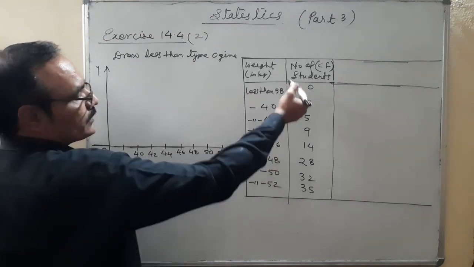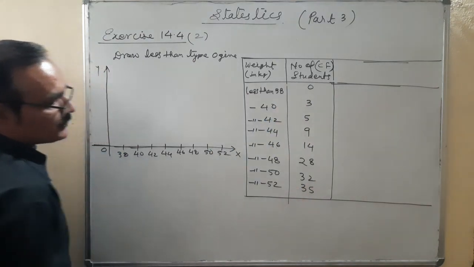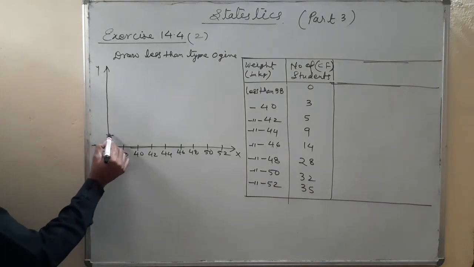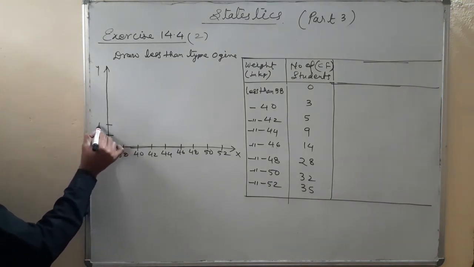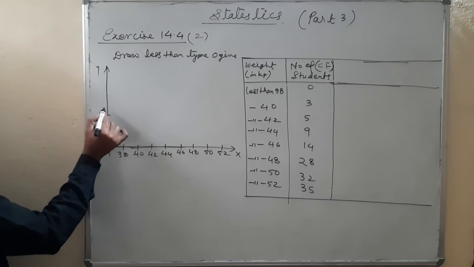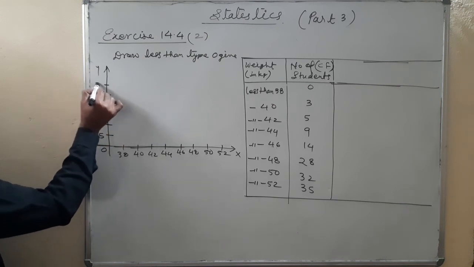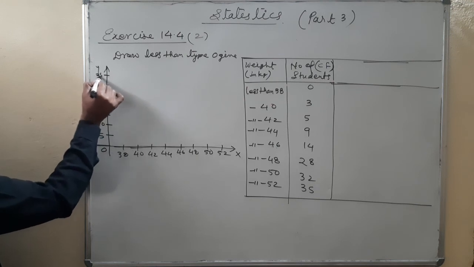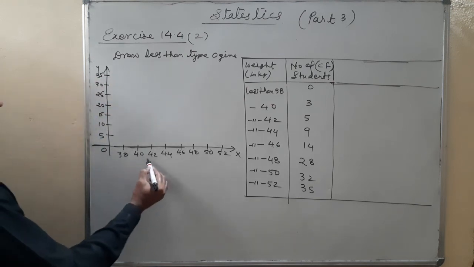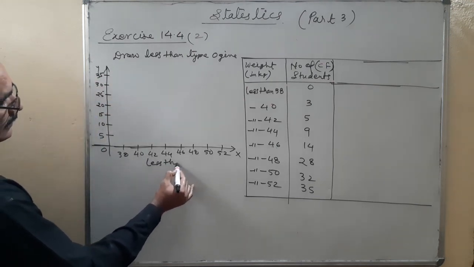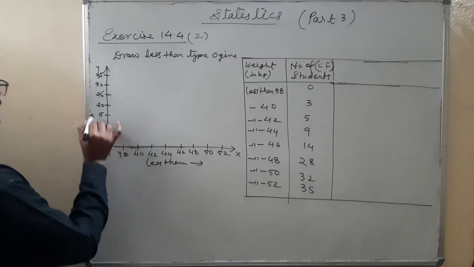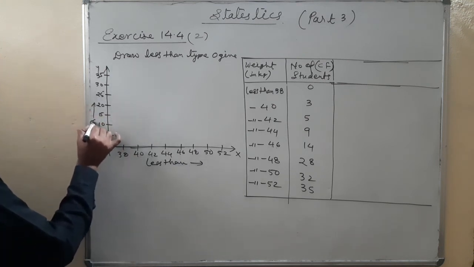On the y-axis starting from 0, the maximum is 35. I am taking a scale of 5: 5, 10, 15, 20, 25, 30 and 35. This is the less than type, and this is the CF.